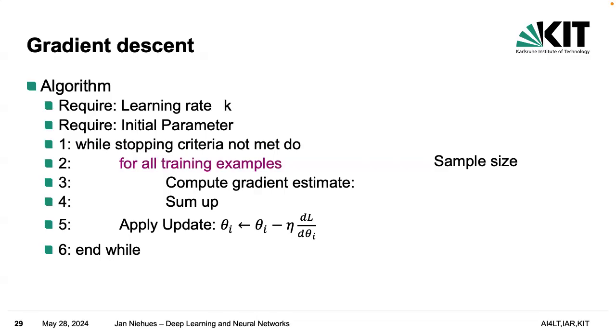You have to go over all your training data, then you get the gradient, you do a small step, as we saw, and then you have to again go over all your training data. So this is not really efficient. So we have to see what a good sample size is when we do our update. Because you can see in this pseudocode, we are summing up over the training examples, and only when we're done with this iteration do we update our weights. So this might not be the best.